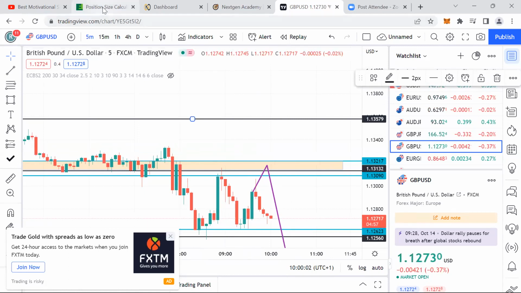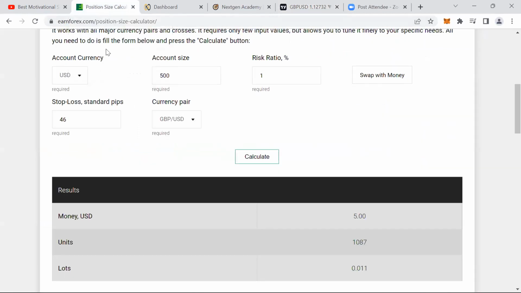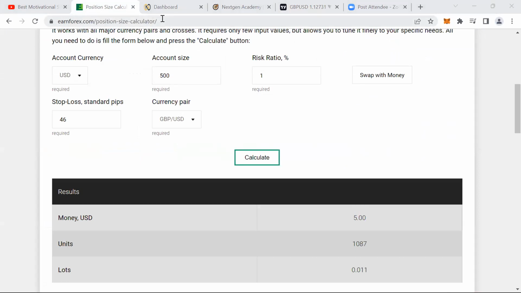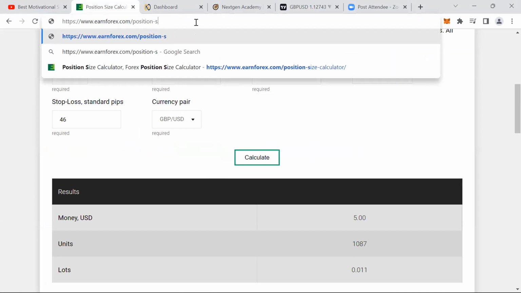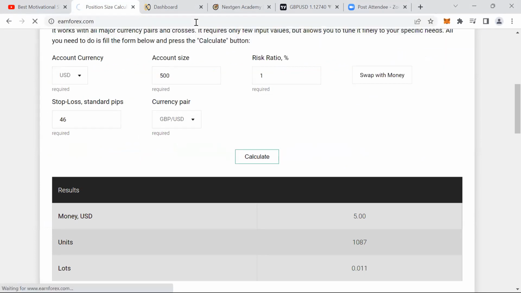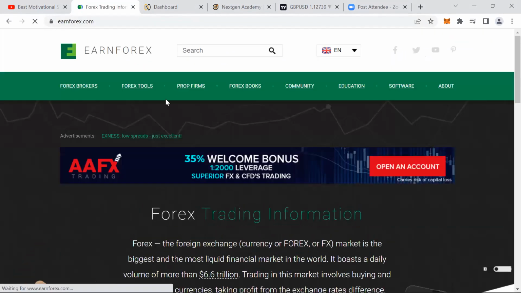we go to this website. There are a lot of websites you can use, but this one to me is very clean: nforest.com. You can write it down. When you come to nforest.com, this is how the website will look.